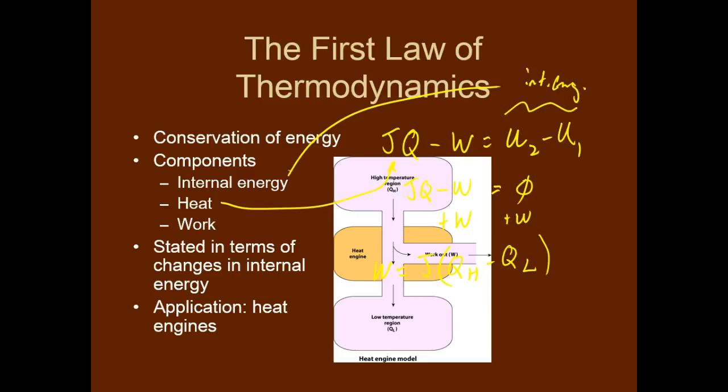Then the work that you get out of it is the difference between the high temperature region and the low temperature region. The difference there is the amount that does work. This again is in calorie fuel equivalent of heat. And that's how much work you're doing. So this equation represents this kind of situation.